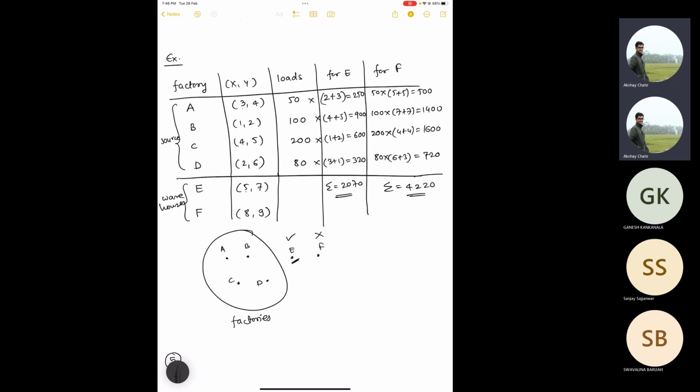Are you confused with the notation? No, this is the summation symbol. I got that, but we are calculating all of this.